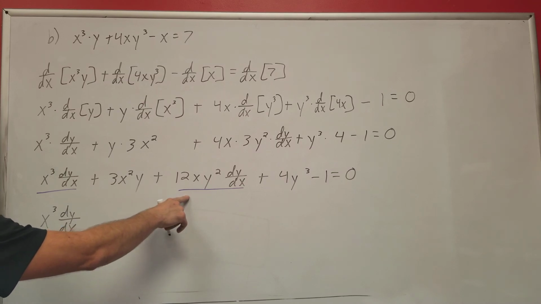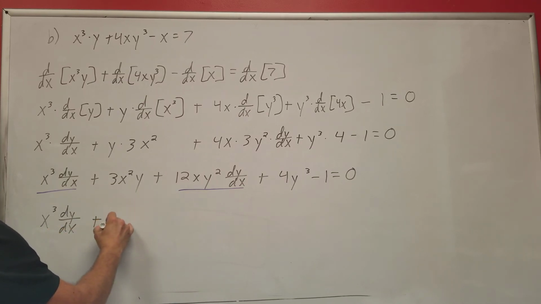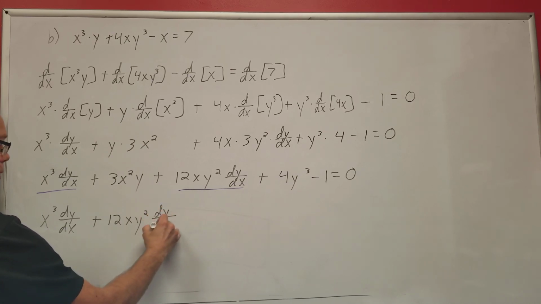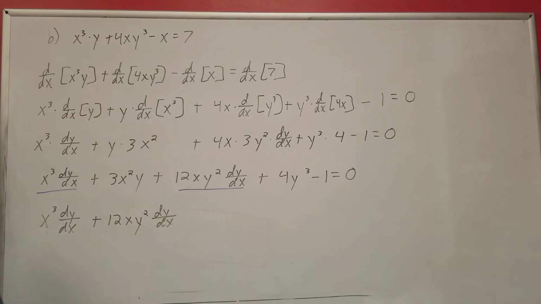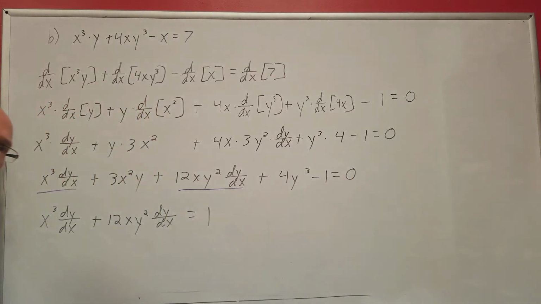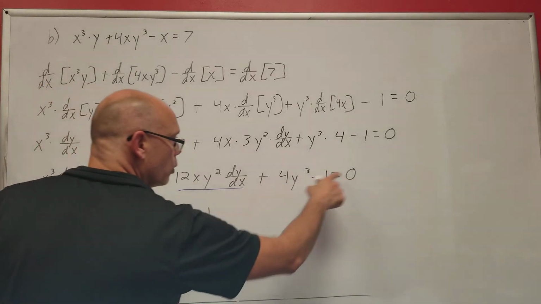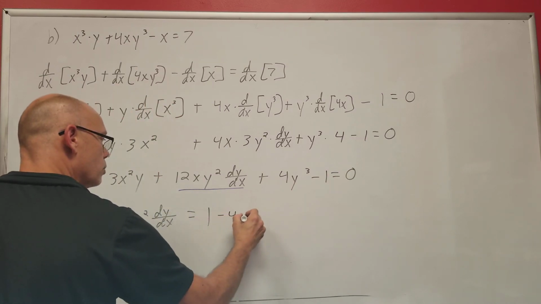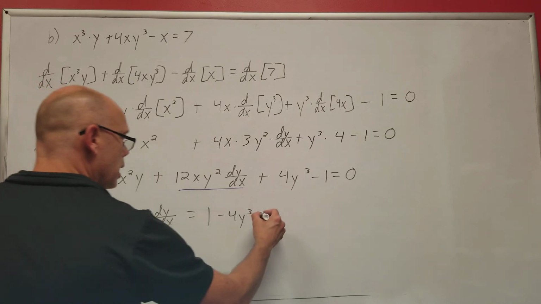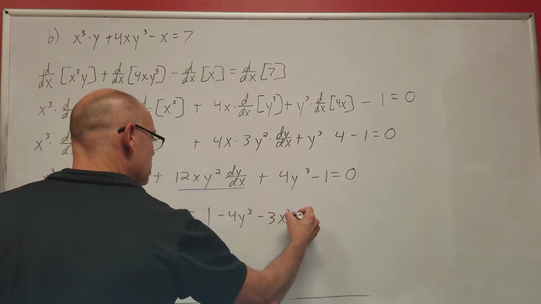Now let me put this term next. So plus 12xy squared dy over dx is equal to, if I bring the 1 over, I'm adding 1 to both sides, right? If I bring the 4y cubed over, I have minus 4y cubed. And if I bring the 3x squared y over, I have minus 3x squared y.